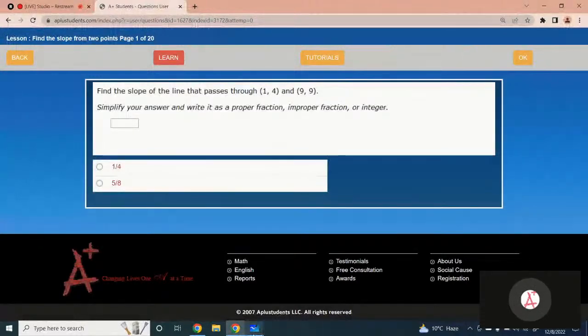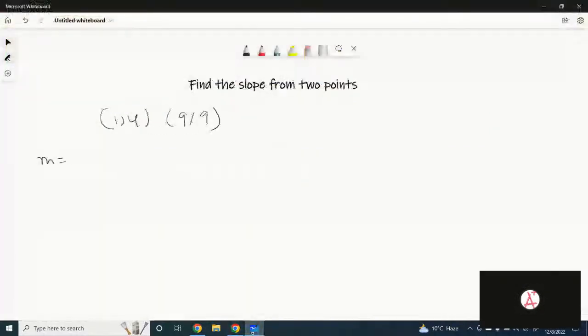We know that slope m equals y2 minus y1 divided by x2 minus x1. Got it? This is x1, y1. This is x2, y2. Let's just do y2 minus y1, 9 minus 4, and x2 minus x1, 9 minus 1. 9 minus 4 is 5 and 9 minus 1 is 8.